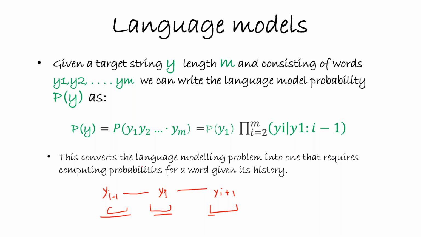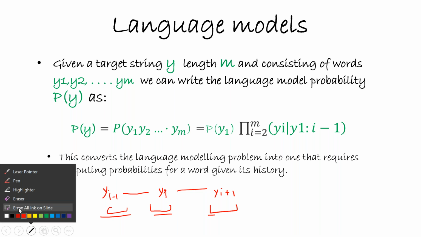That was a requirement with language models in statistical machine translation. Primarily we are finding the probabilities, and on top of that we needed the probability given the history of the word. That became an important aspect in finding the next predictable word from a given sentence.